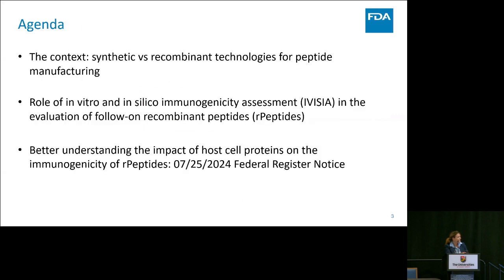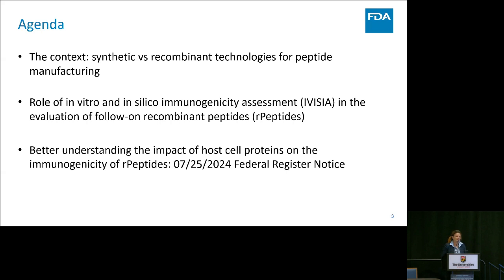This is my disclaimer. I will say a few words to start with about the processes that can be used to manufacture peptide products. I will then introduce a potential role that in vitro and in silico immunogenicity assessment, which I will call IVISIA, can play in the evaluation of follow-on peptides made using recombinant processes.